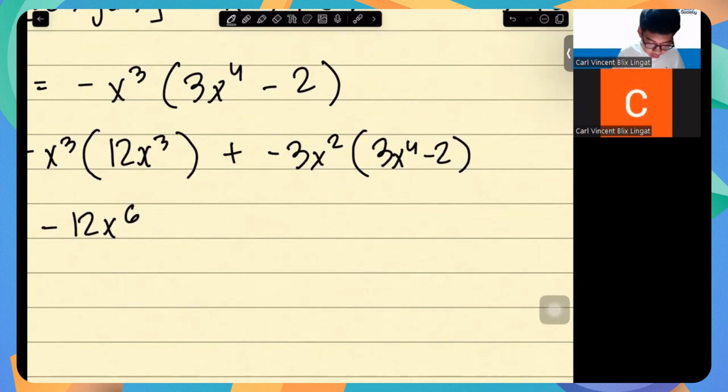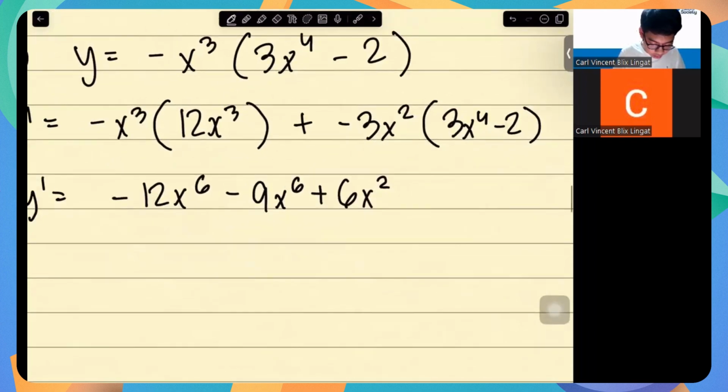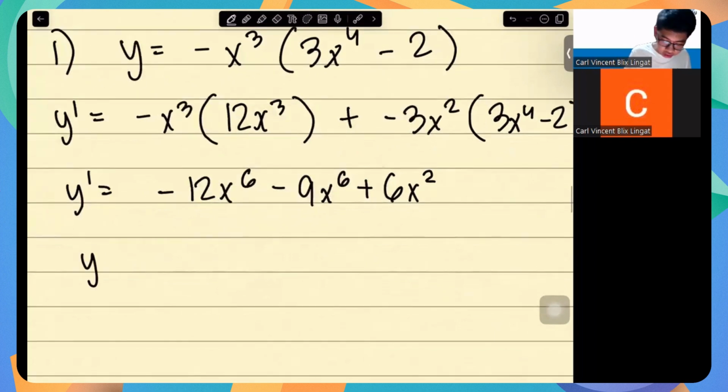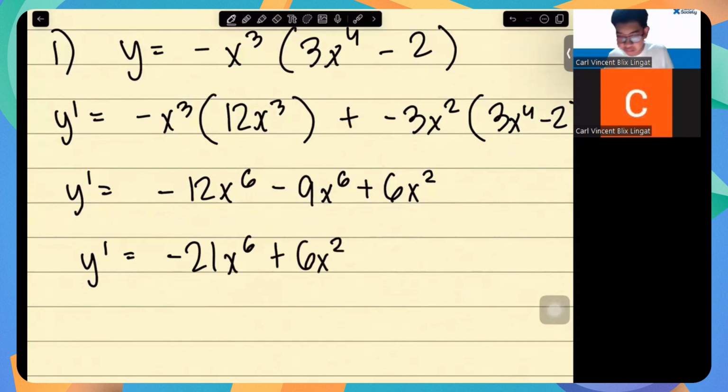That's around -9x raised to 6. Then -3x² times -2 plus 6x². Okay, so y prime is equals to -12 minus 9. So that's around -21. So -21x raised to 6 plus 6x². And that is our final answer.